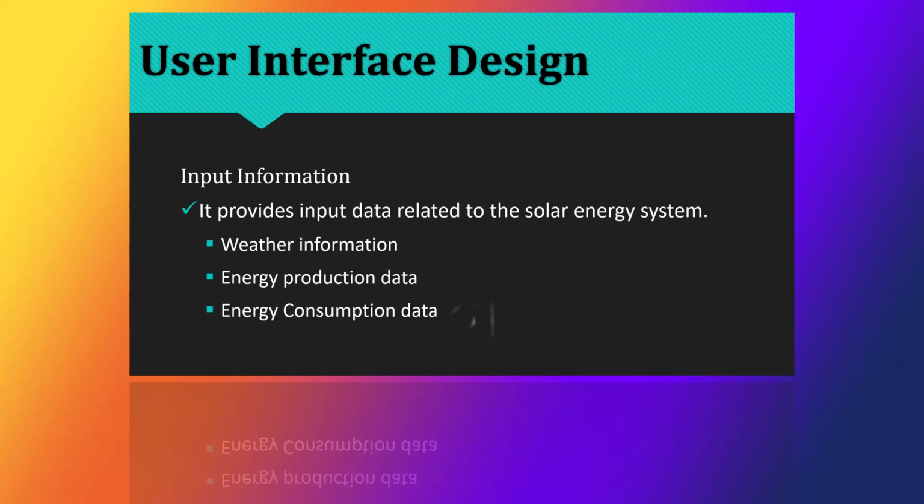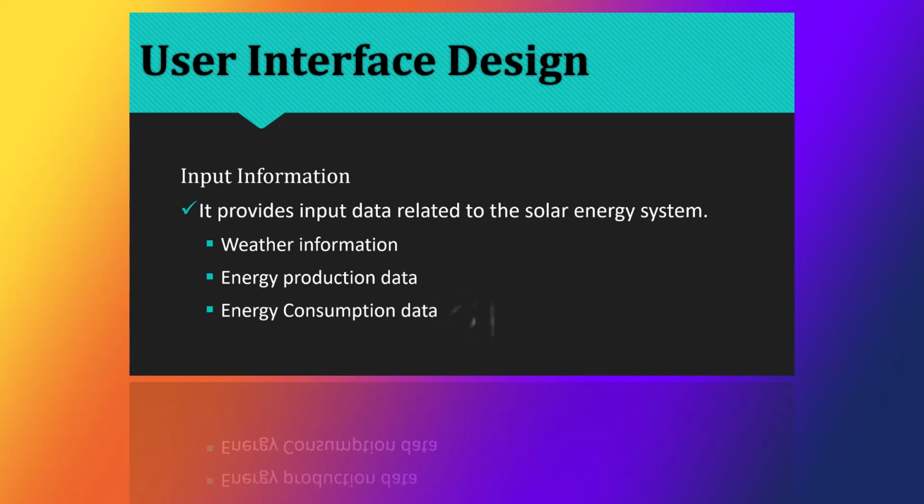What will be the input information in the input design or the system design, the user interface design? So the input is mainly recorded from the sensors with the edge computing. So there is not too much work the user has to insert. So there is weather information, there is energy production data, and there is energy consumption data.